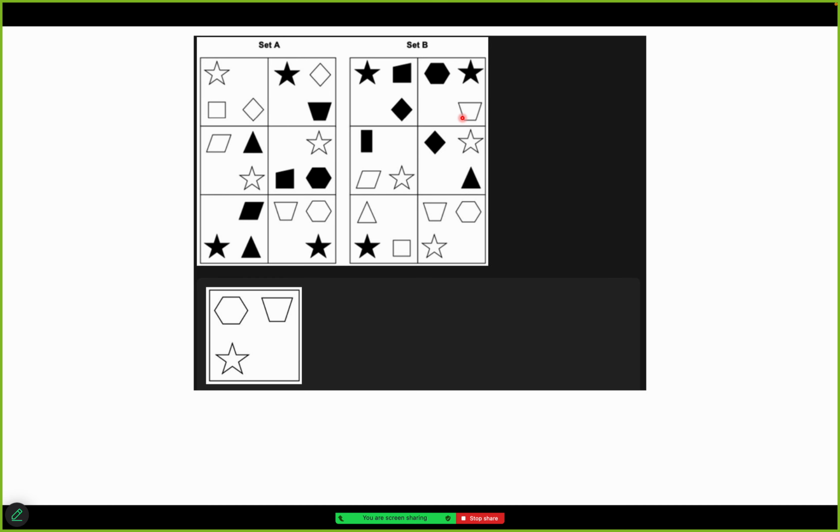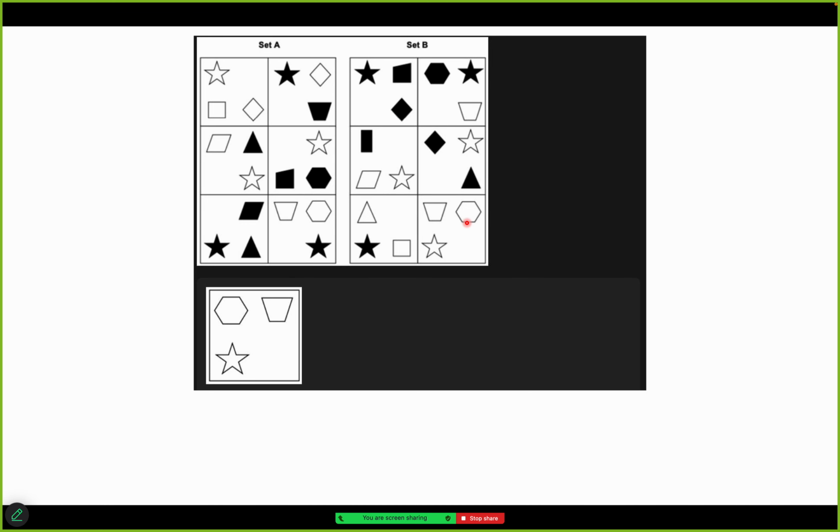So come to set B. See the pattern. Is it the same? Is there any other rule for B? It still has the star and the quadrilateral. Correct. Star and quadrilateral is the one which is there everywhere. So for example, rectangle is there, but it's not everywhere.